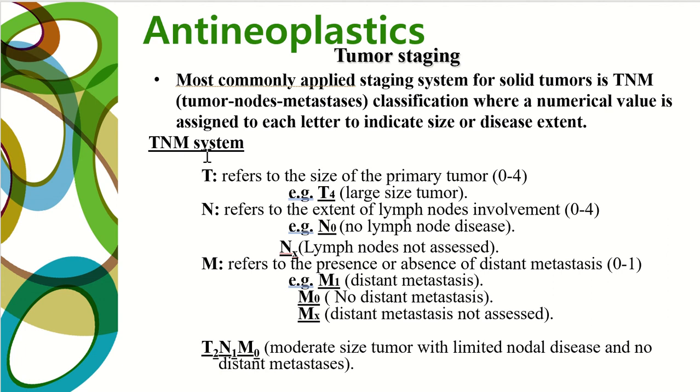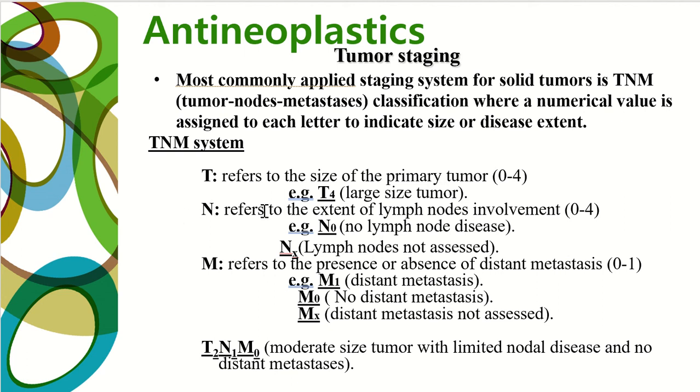So this is the TNM system. For T, that refers to the size of the primary tumor. So it can be 0 to 4. So if it's a T4, then it's a large size tumor.